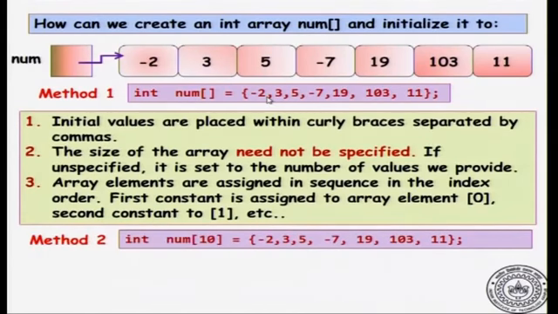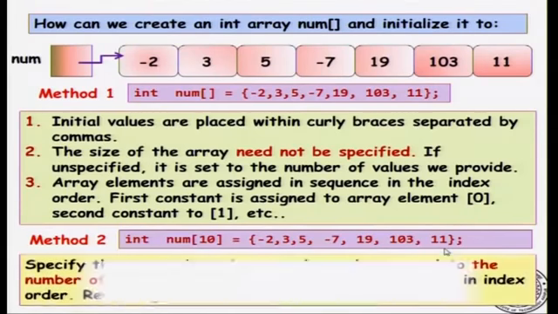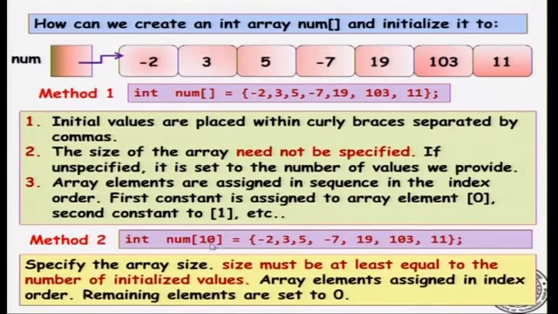There's also another way to do it, which is slightly different from the way above. I can declare the size of an array. So I declare an array of size 10 and then give these initial values. What will happen in this case is that it will make sure that the size of the array is at least equal to the size of the list that I have given. So I have given 7 elements and I have declared an array of size 10. 7 is less than 10, so it's fine.